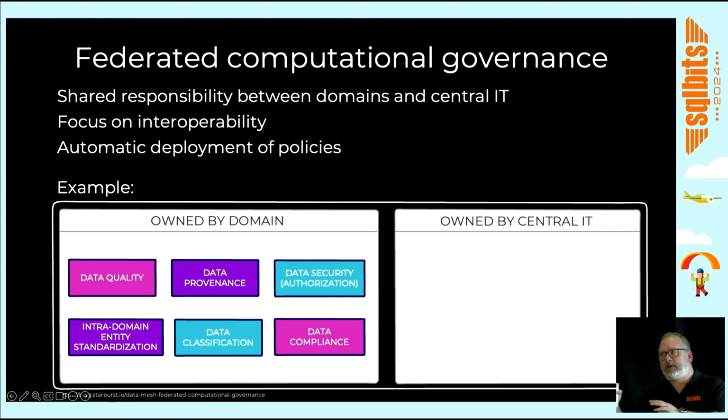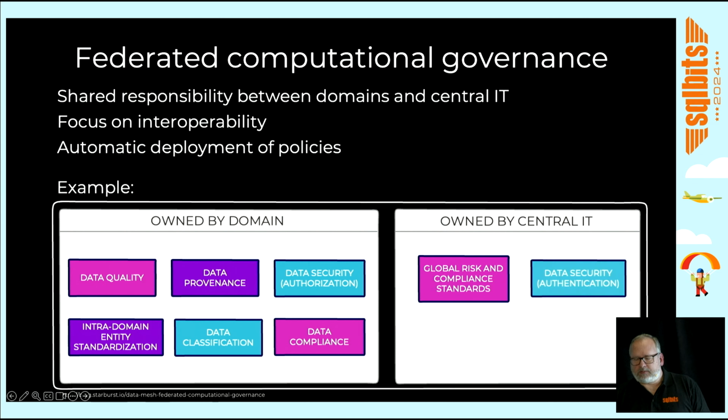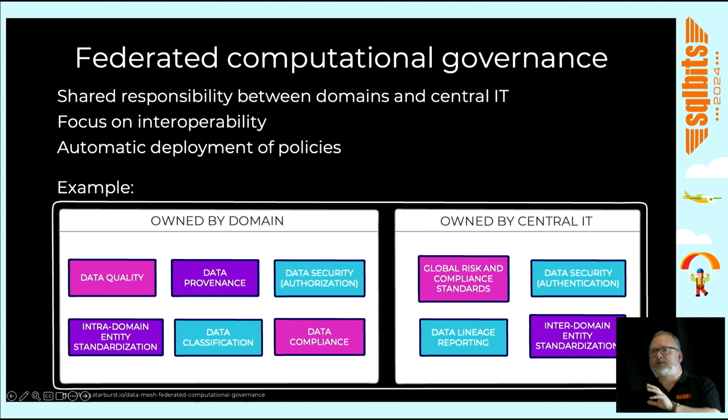And on the organizational level, the policies administered and owned by the central IT could then be data security when it comes to authentication. So are you who you actually say you are? And interdomain entity standardizations and global risk and compliance standardization. So these are just examples of groups of policies that could be divided either on the federated level, across all domains, or within each domain.